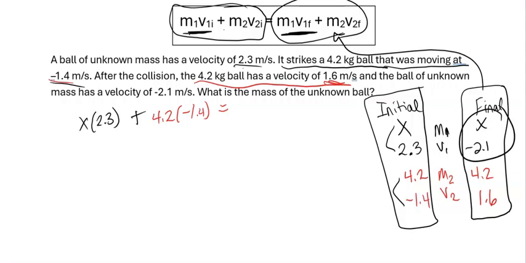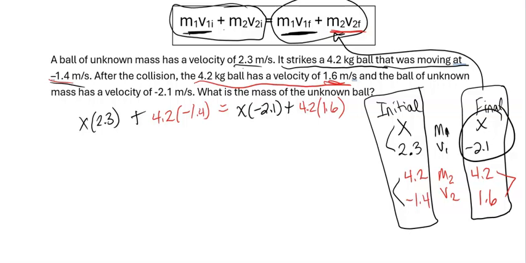So that's going to be those two values. Plus mass 2 times the velocity 2 final. And now we have all of our values in their appropriate spots in this equation.